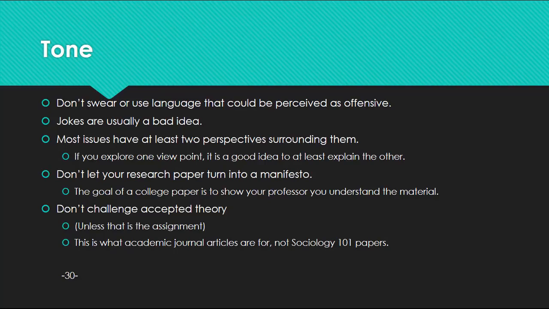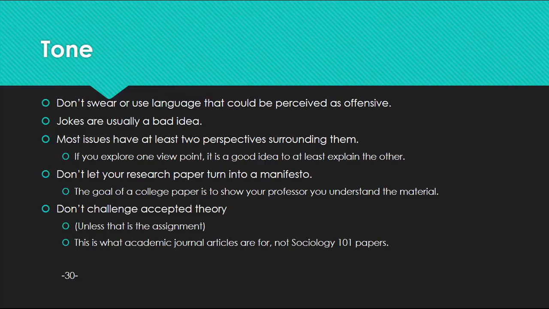And again, unless your professor tells you otherwise, unless this is part of the assignment, it's not a great idea to challenge accepted theory in college papers. This is what academic journal articles are for, right? It's not what Soc 101 papers are for, right? Stick to what the theory says.